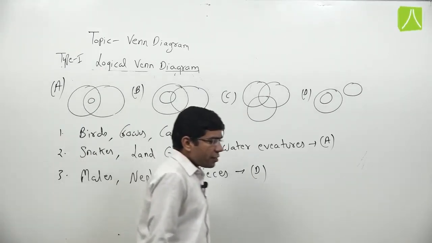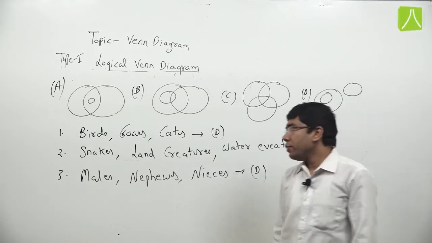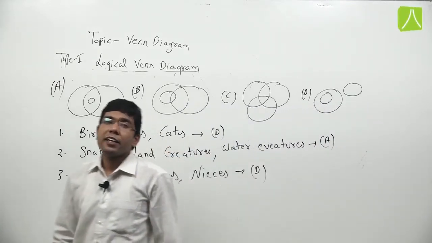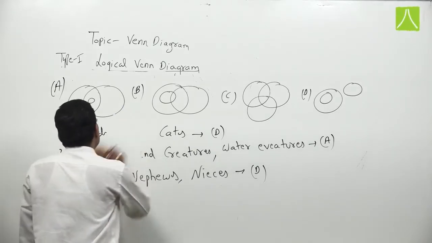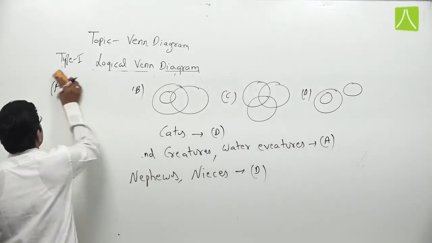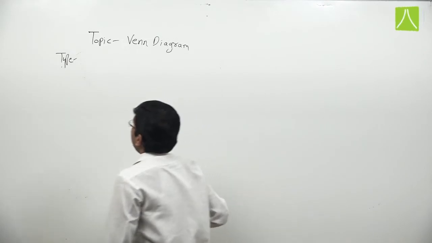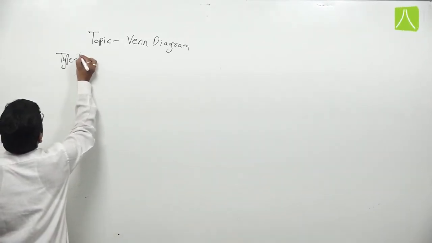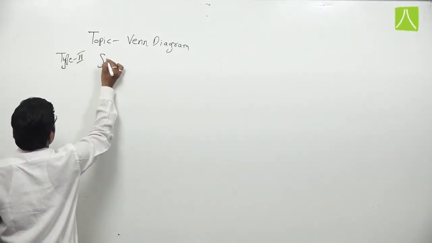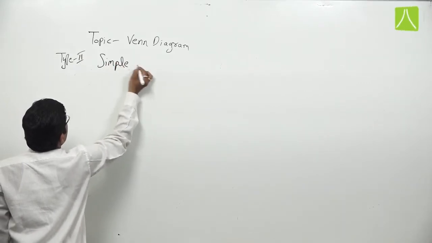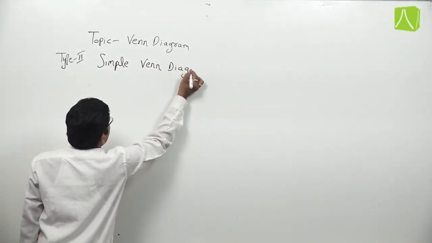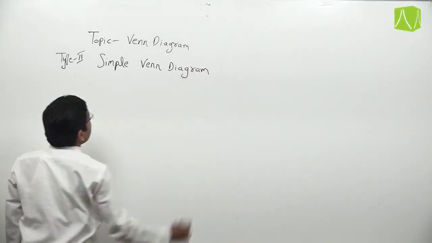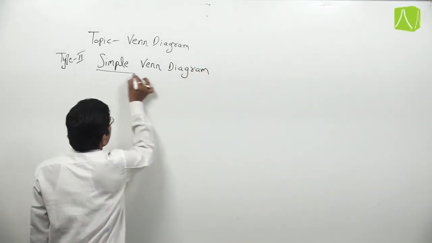So all these examples are related with the logical Venn diagram concept. Now move on to the type number 2 of this topic, which is simple Venn diagram.